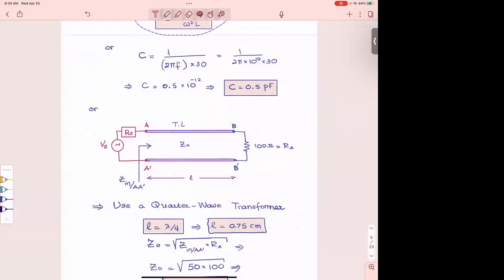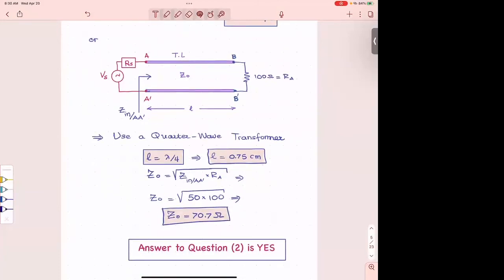And then I find that if I put this capacitor of 0.5 picofarads next to the load, and I'm not suggesting here that that's the best solution because it's not always practical to place a capacitor in front of the antenna, all right? But let's assume here is theory, you can do whatever.